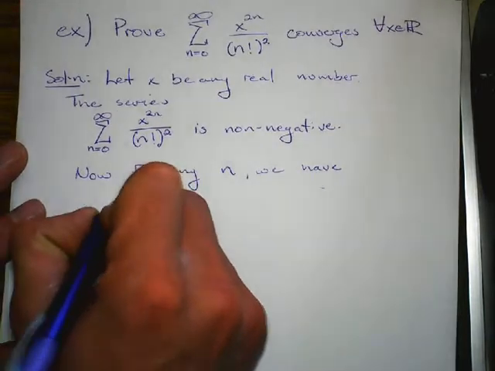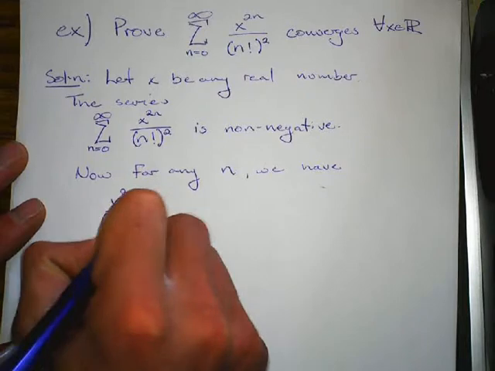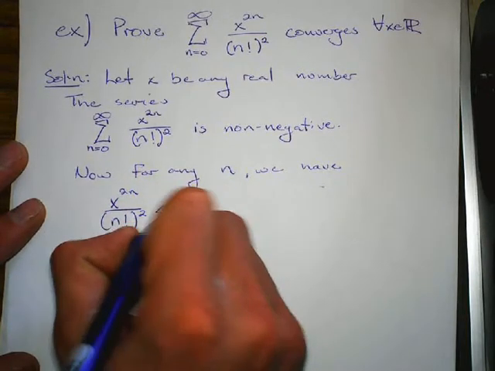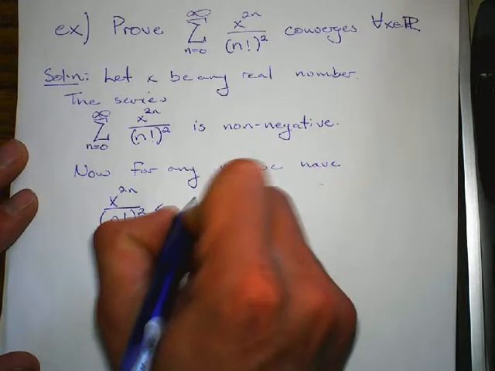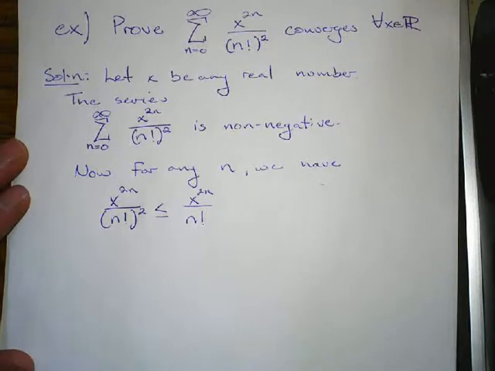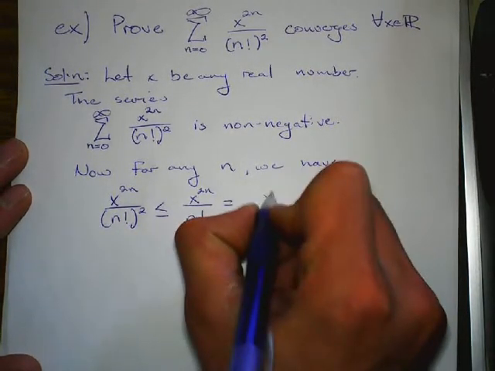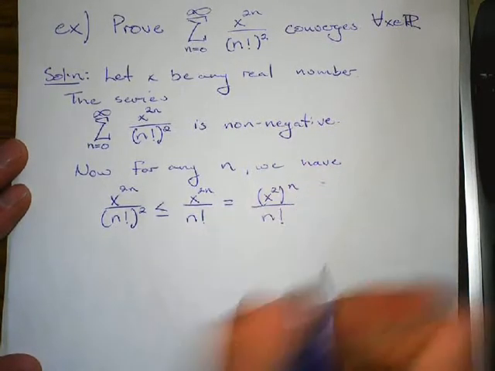We have x to the 2n over n factorial quantity squared is less than or equal to, you guys agree, x to the 2n over n factorial, which is x squared to the n over n factorial.